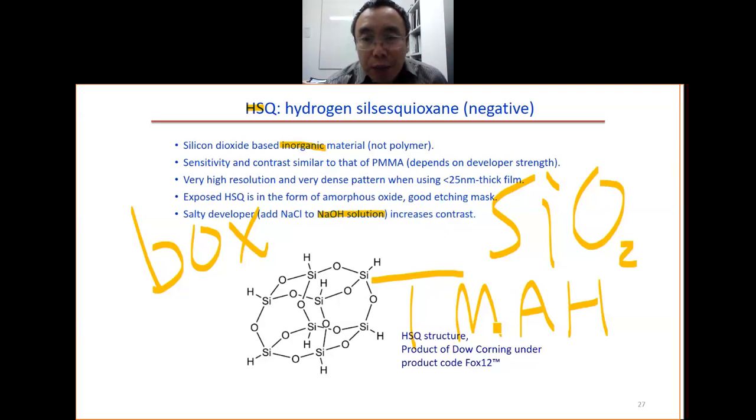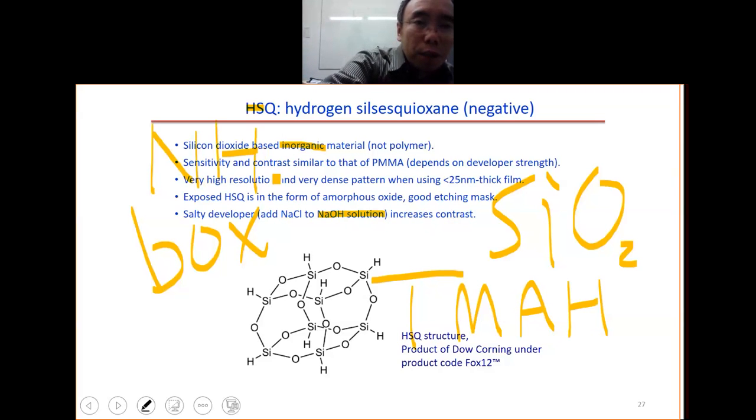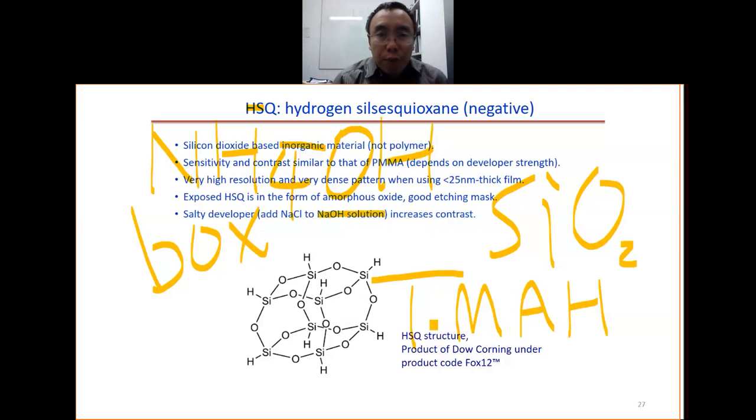Why do we use TMAH rather than sodium hydroxide? Because this one has no metal. This is tetramethyl ammonium hydroxide. The structure is similar to NH4OH, but the hydrogens here are all replaced by the methyl group. But this is a good developer for the HHQ.